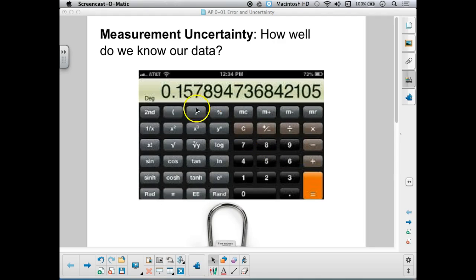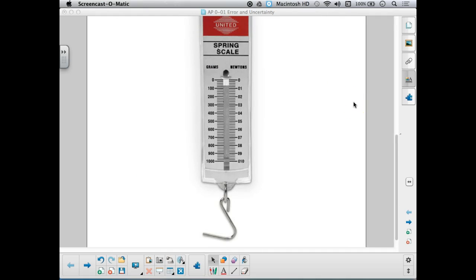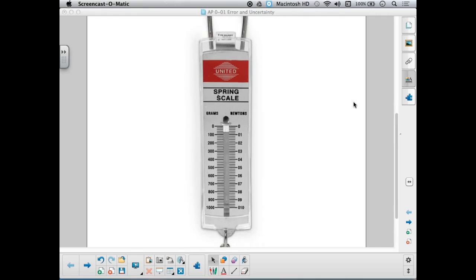If we were to show all of these decimal places as the result of a calculation involving that data, it's a little bit deceptive. It's implying that we have this huge degree of precision, that we know this value to a very, very tiny level, when really we actually don't. So we need to come up with some rules on how to handle uncertainty in measurement.